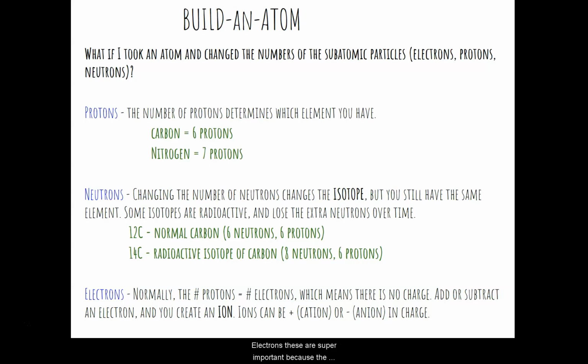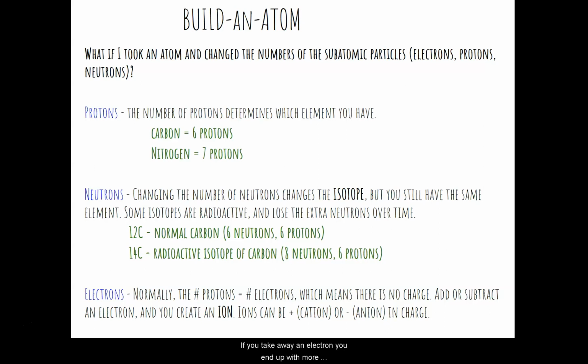Electrons are super important because the number of electrons you have, to some extent, determines how reactive an atom is. Normally, the number of protons and the number of electrons are the same. That means the positive charges and the negative charges are equal and cancel each other out, so there's no charge. But if you add or subtract an electron from an atom, you can create an ion.